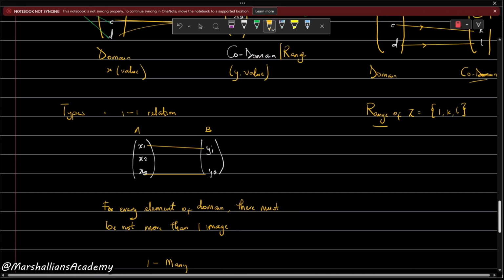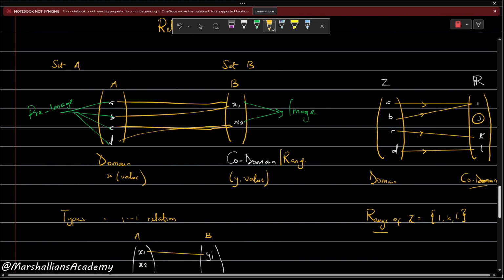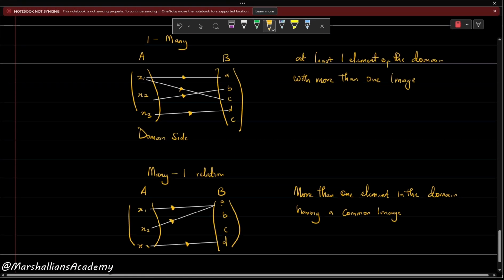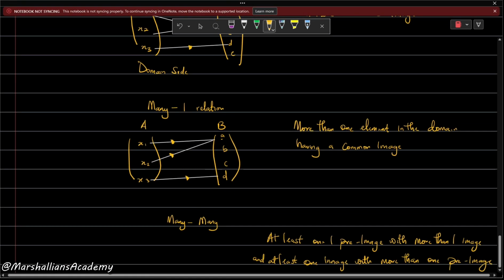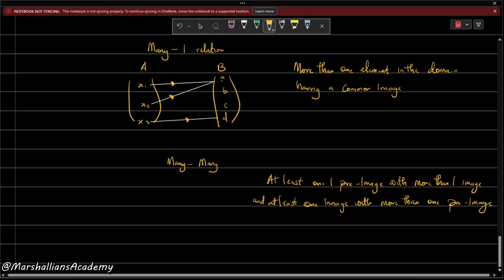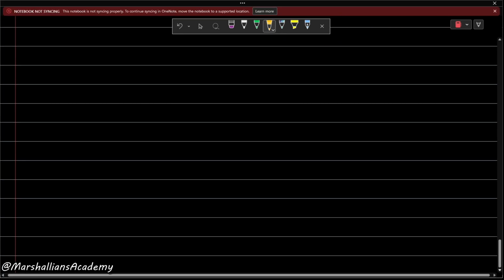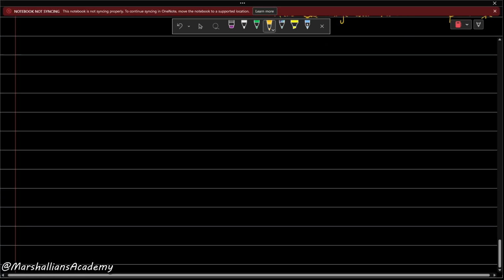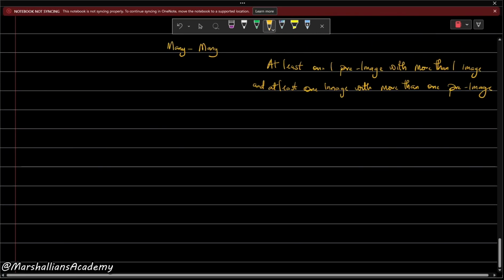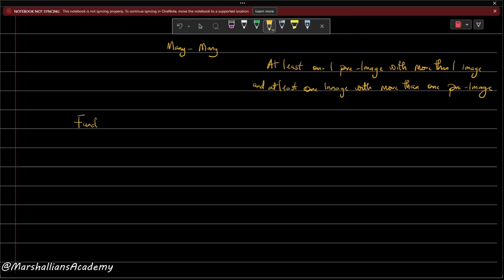Now let's go to the most important part of relations, which will be tested in your exam, which is function. A function is a type of one-to-one relation. It's very, very important for you to understand that. So for a relation to be a function, it has to be a one-to-one relation.